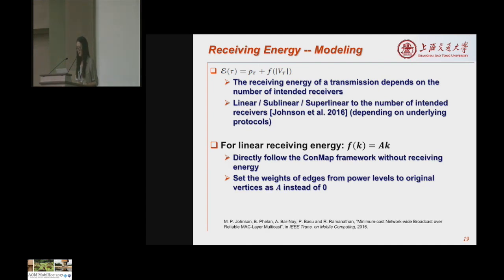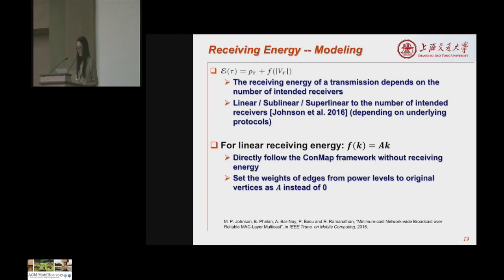In the linear case, ACKs are conducted without repeated transmission. And in the sublinear case, the MAC layer has repeated transmission but no ACK. And in the superlinear case, there exists a reliable MAC layer transmission scheme with repeated transmission and ACKs.